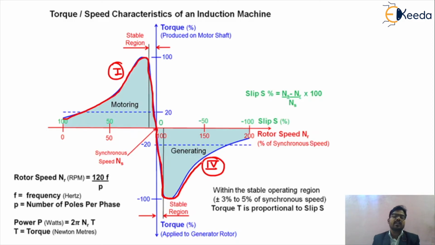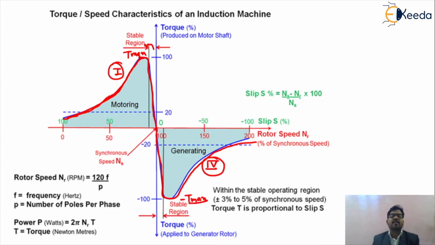While we are increasing the torque, the torque will take one constant value. This is called Tmax, which is the stable region, and this is called minus Tmax.